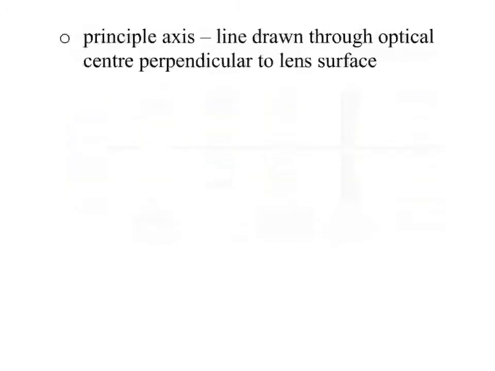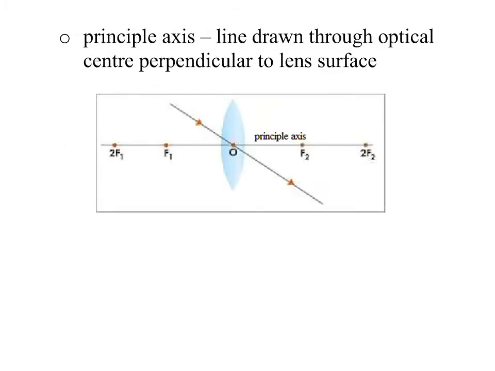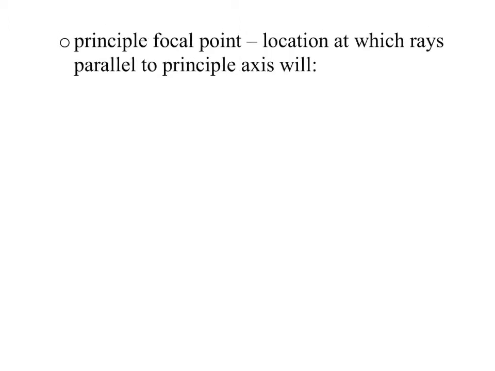So we're going to have that principal axis again. We're again looking at how the light rays are going to move through these lenses. So of course it's drawn through that optical center, but perpendicular to the lens surface. Okay, and then now we're going to have focal points on both sides because there's curves on both sides.